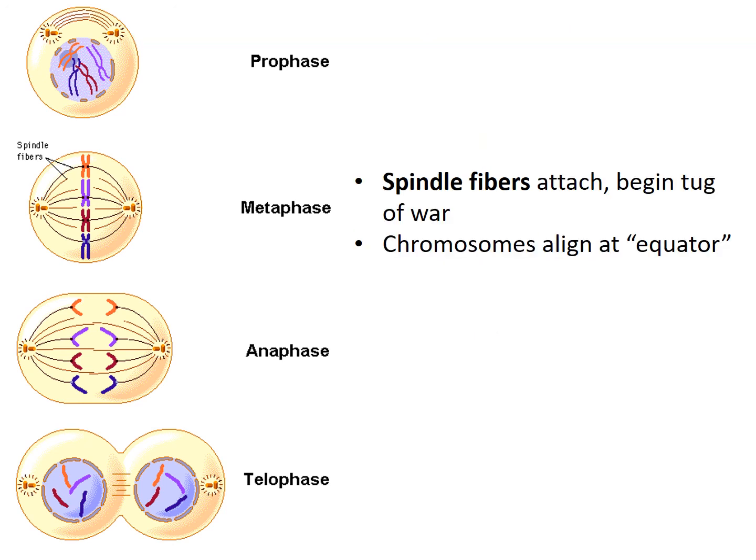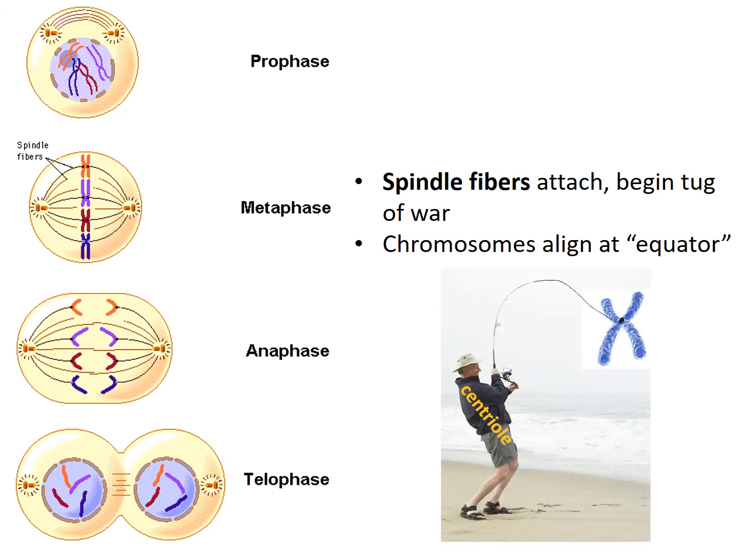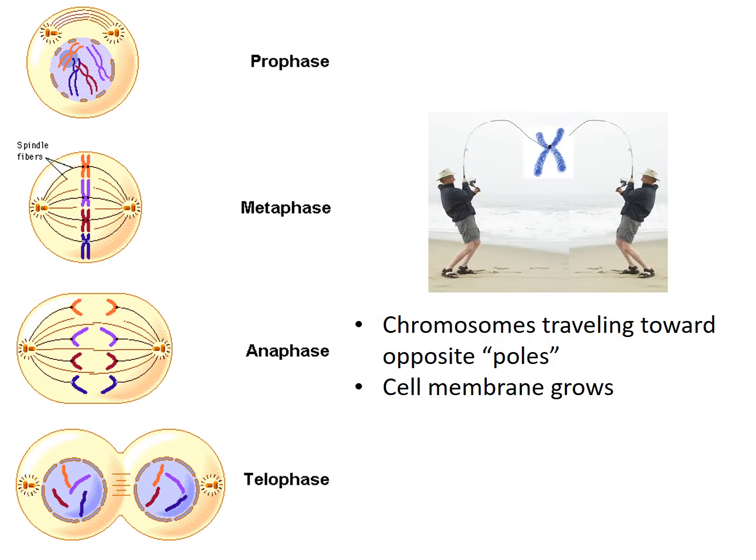So the spindle fibers attach to the centromere of each DNA molecule, each chromosome, and they begin a tug of war. Notice that the centrioles are located at opposite ends, or poles, of the cell, and I like to think of them like fishermen reeling in the chromosome. So there's two centrioles at opposite ends, and they're both reeling in the chromosome.